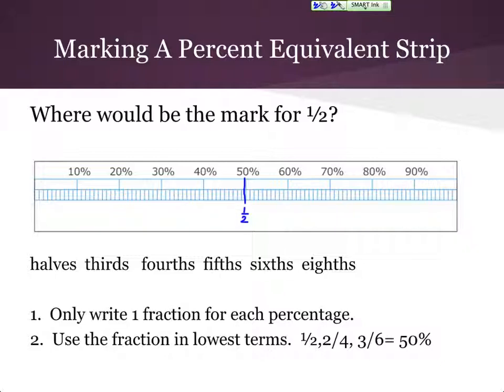Okay? If you look up here, I have 1/2 and 2/4 and 3/6. They all equal 50%, but we want the one in the lowest terms. When we're talking about lowest terms, which is this word right here, what we're saying is we want the fraction that has the lowest numerator and denominator.